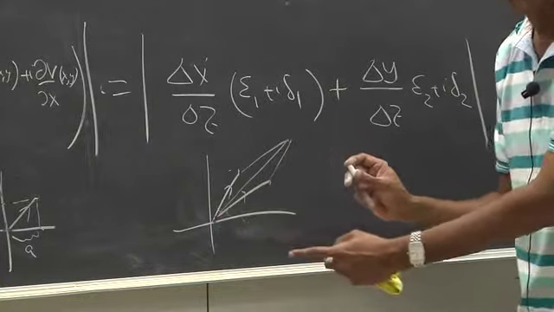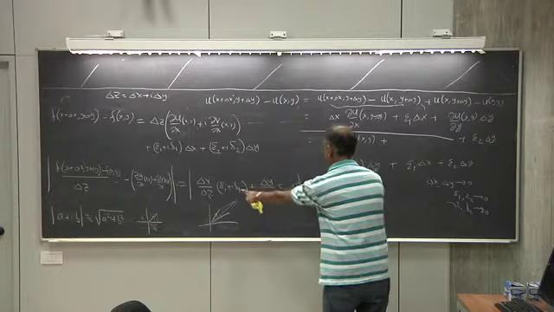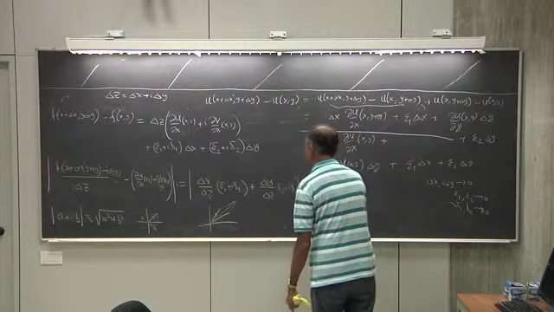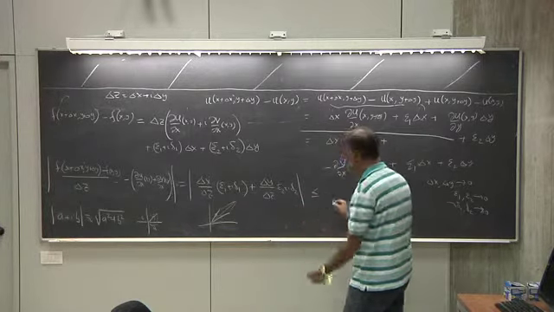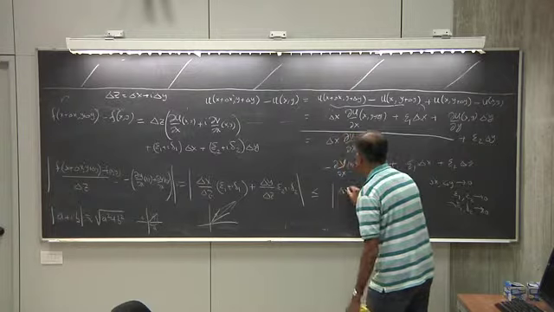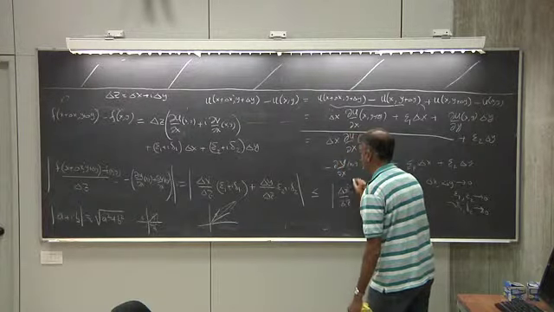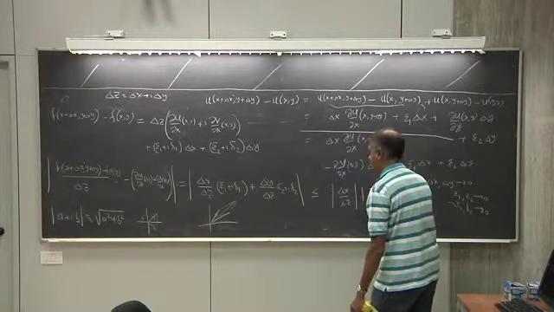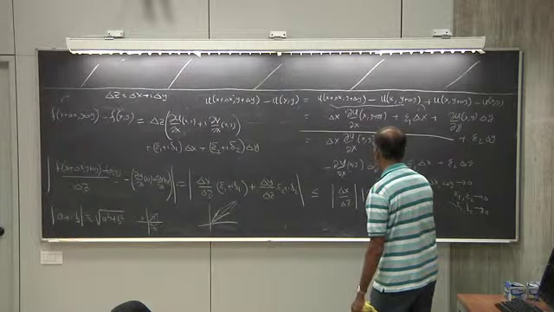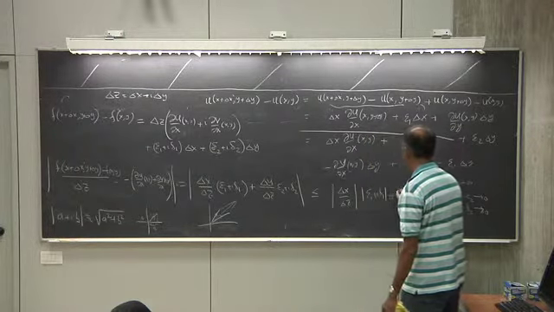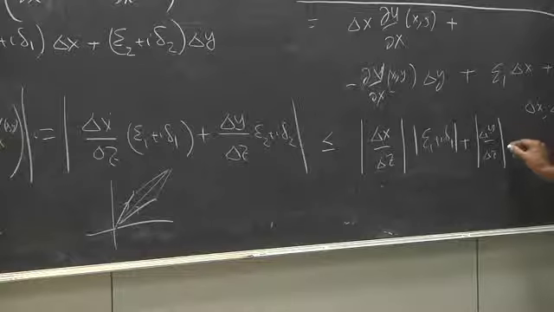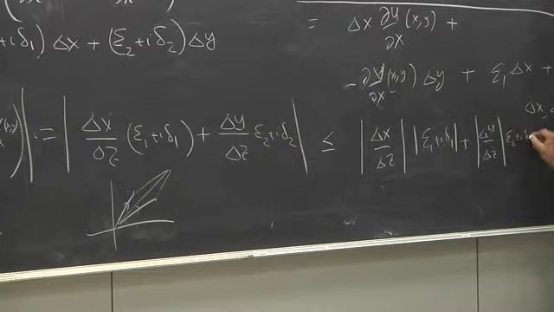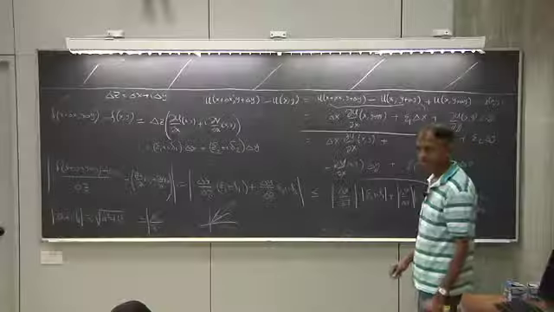So the right hand side is less than or equal to the sum of the lengths of the individual vectors: the length of delta x over delta z times the length of epsilon 1 plus i delta 1, plus the length of delta y over delta z times the length of epsilon 2 plus i delta 2.